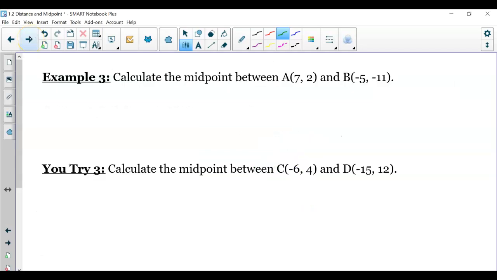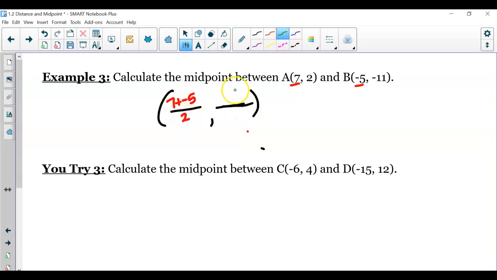Lastly here, without the visual, again, just practicing calculating our midpoint. Making sure that we are identifying our x coordinates. Here to find that middle, I've got 7 and negative 5. So 7 plus negative 5 divided by 2.